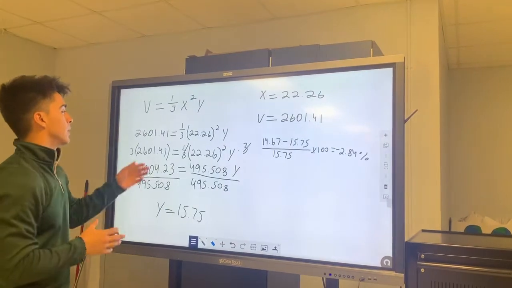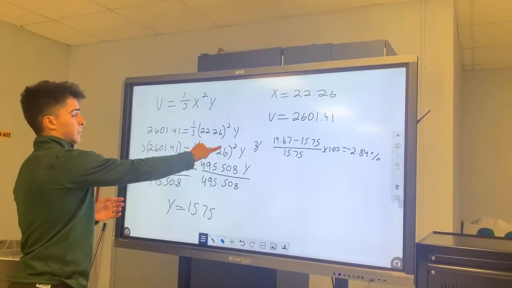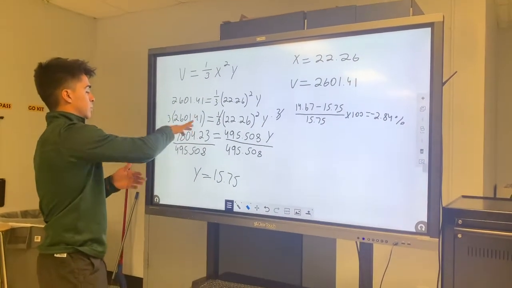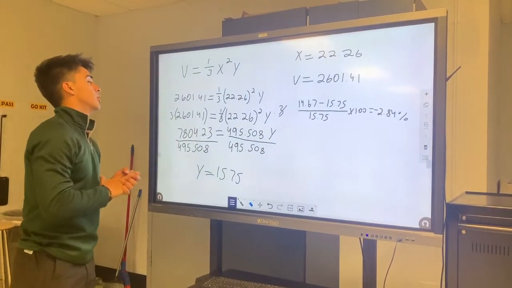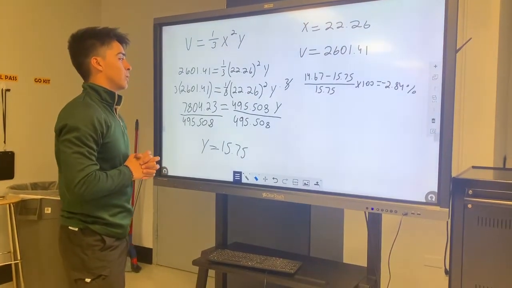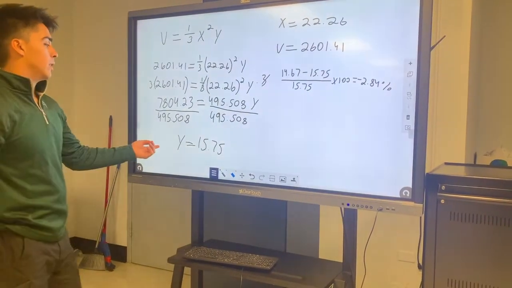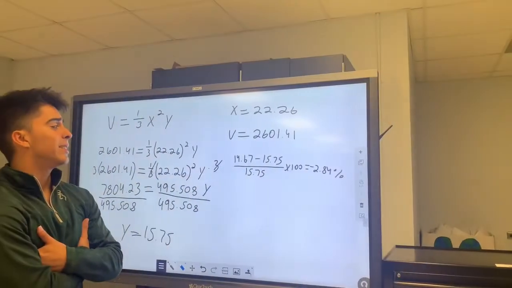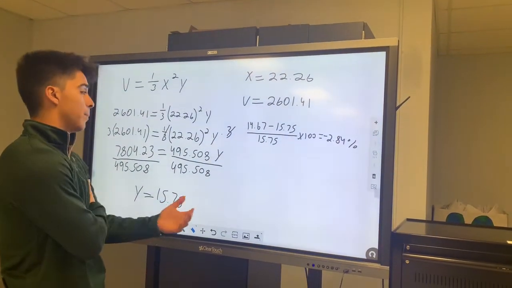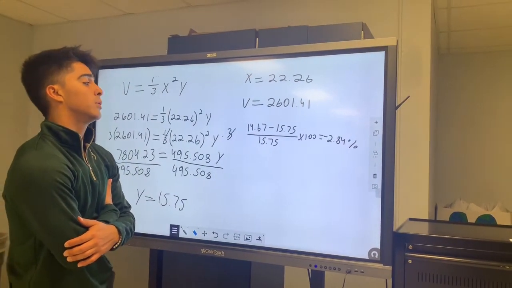The next step is canceling the 3, so you multiply by 3 on both sides, and you get 7,804.23 over 495.508, which equals 495.508 times y over 495.508. And you get y equals 15.75. For the percent error value, you use the original value of the pyramid minus the optimized value of the pyramid, over the optimized value of the pyramid, times 100, which equals negative 2.84%.